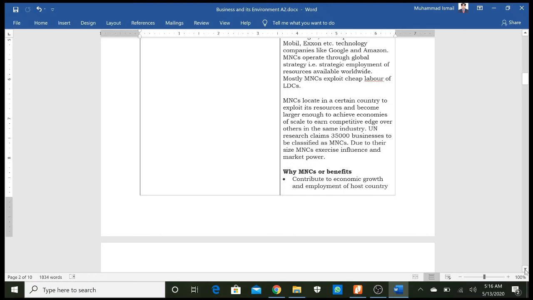We can imagine that the MNC General Motors has authorized capital more than the Australian GDP, whereas the annual sales of Walmart are greater than the annual GDP of Pakistan. This is how immensely big they are.